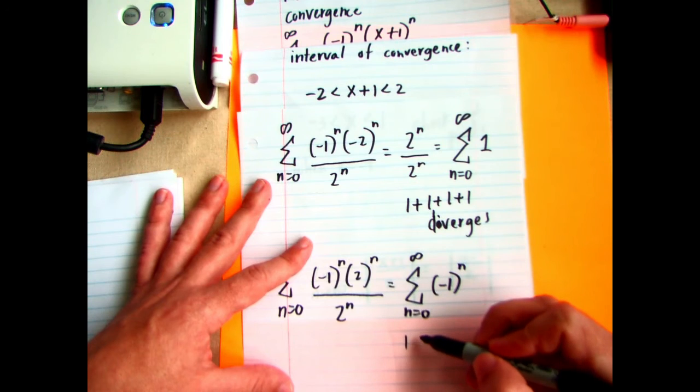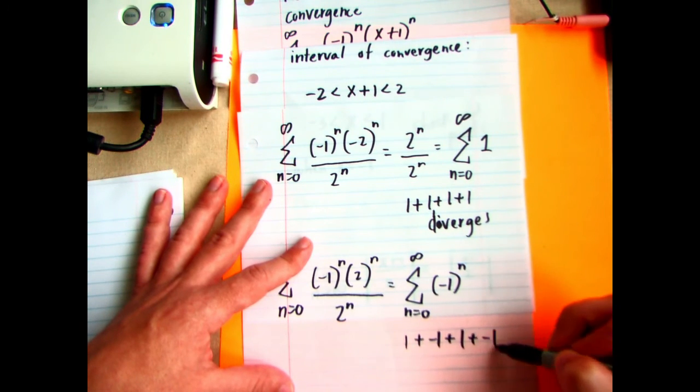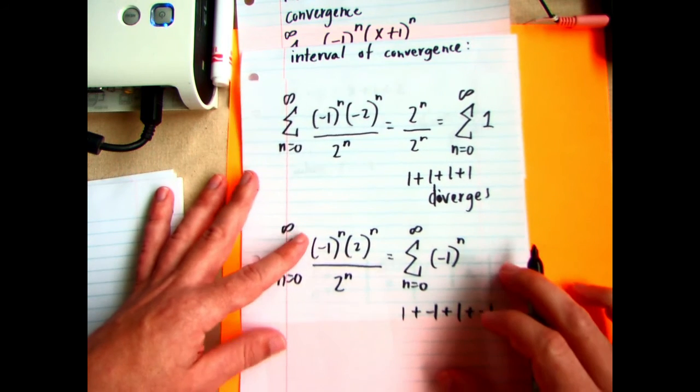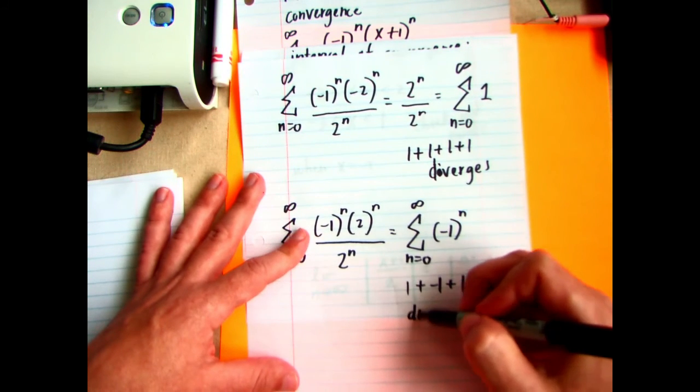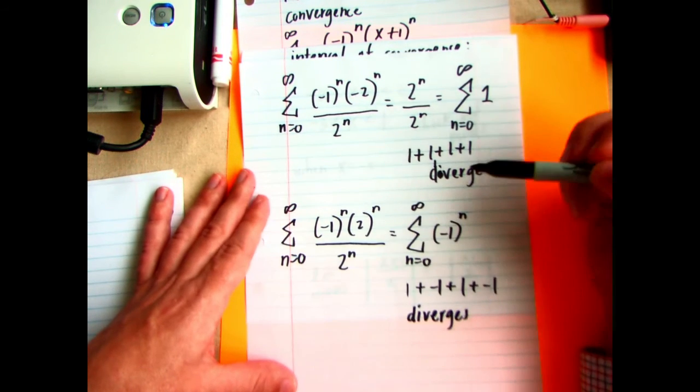So when I list those terms, I get negative 1, positive 1, negative 1, positive 1. If you recall, that is an alternating series, so that diverges.